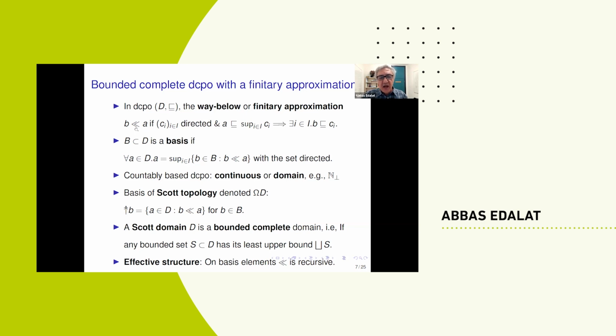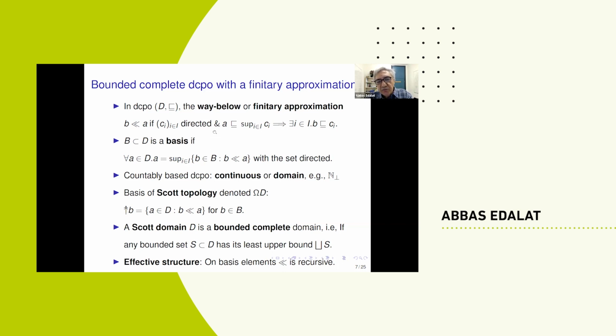So B is way below A if for any directed set of elements Ci, i belonging to an indexing set I, whenever A is bounded by the supremum of these elements, the supremum exists because we are taking a directed set, then one of the elements in this directed set already dominates B. So B is bounded by an element in this directed set.